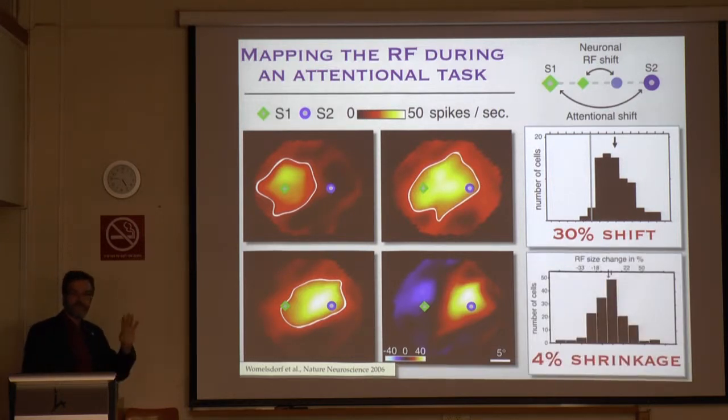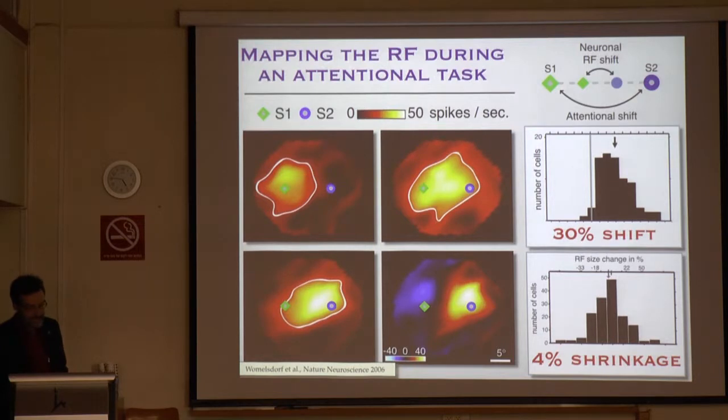So there's just enough evidence for a significant effect. But the main effect is that the center of the receptive field is distorted toward the attentional location. But that's exactly what you want. This would give you an enhanced representation of the attended stimulus at the cost of losing a response to the unattended stimulus, both inside of the receptive field.